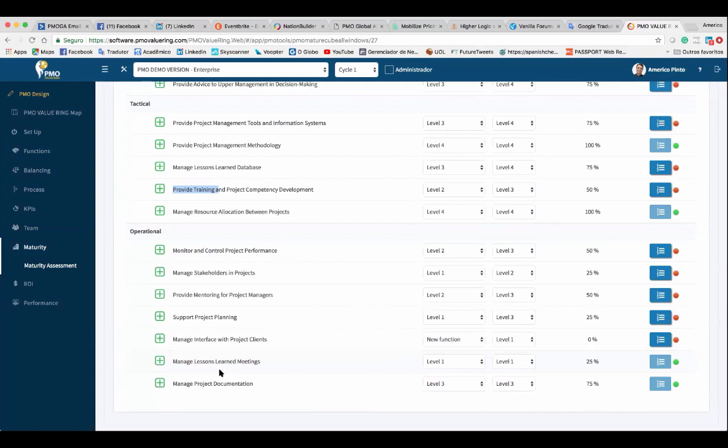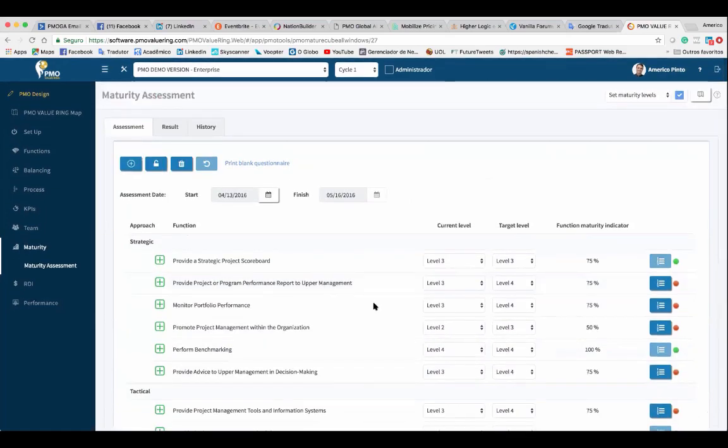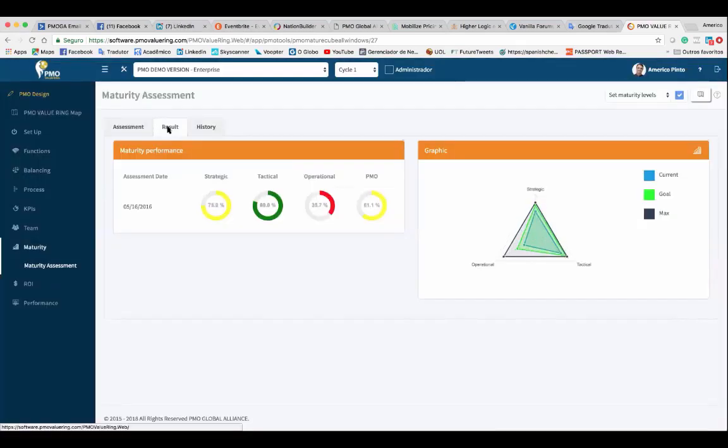Okay, that's it. So now let's see the results. Okay, the results, we can change the tab here. And we see the results in some different ways. Look, the first one will give you your strategic maturity, your tactical maturity, and your operational maturity.